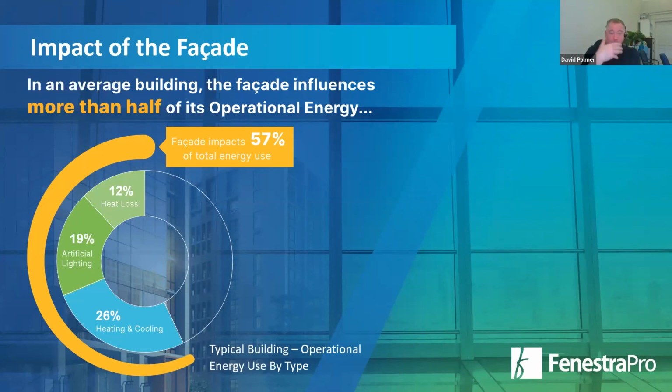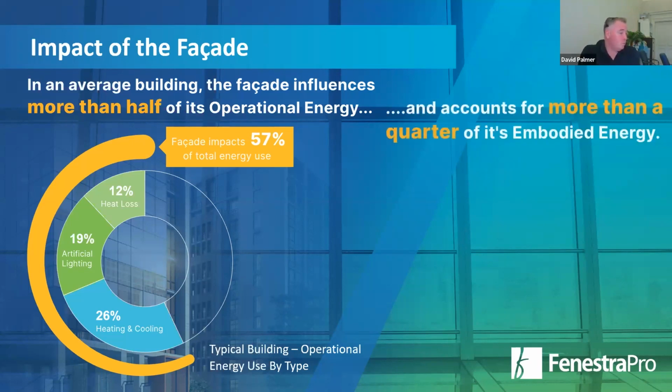Having said that, there are obviously lots of benefits, qualitative benefits in terms of that connection with the outside and visible sky, all those things that have a positive impact on the occupants within the building. But also those measurable aspects in terms of what's quantifiable within that.